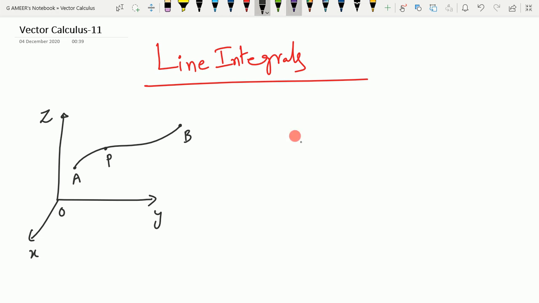I can draw a tangent at that particular point. Let's say the tangent to this curve will look like this.